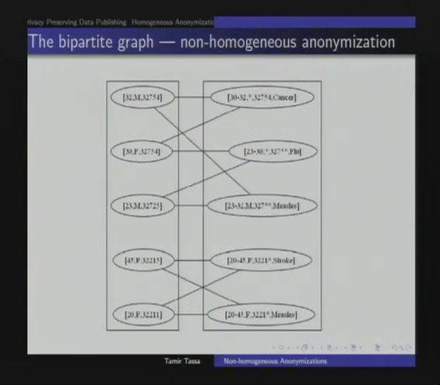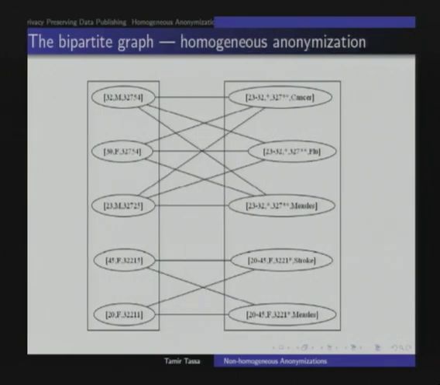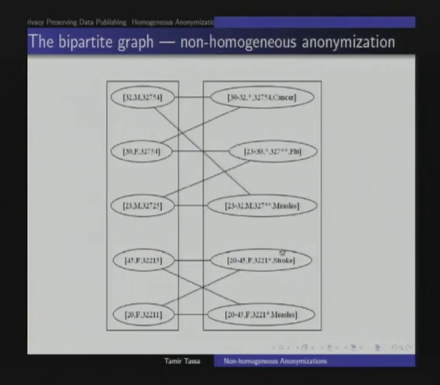This is how it looks. As you can see, the structure of edges here is not full or complete as it was before. Here, these 3 and these 3 records induce the full graph. Each one of the records here is consistent with each one of the records here. Here the structure is different.